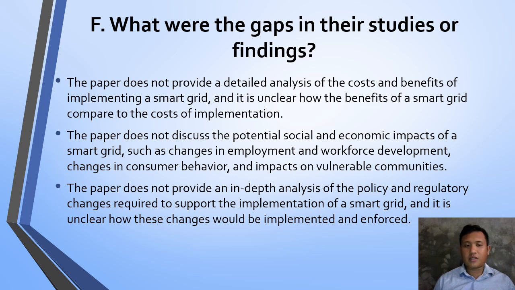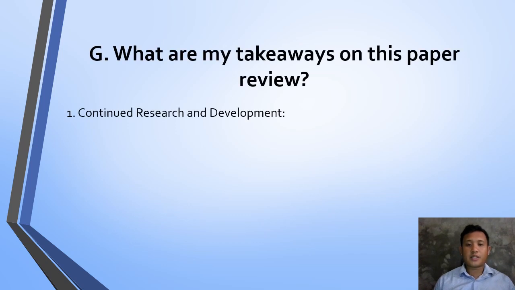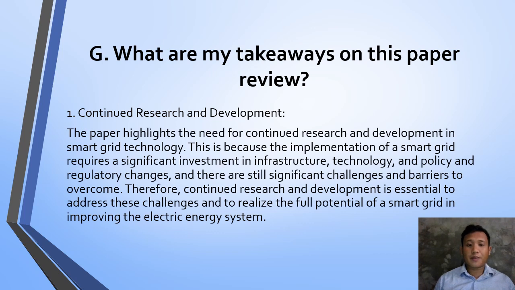And letter G, the last section of this presentation. So what are my takeaways on this paper review? As I have read this paper, I have come up with four takeaways about this article. So number one, continued research and development. The paper highlights the need for continued research and development in smart grid technology.